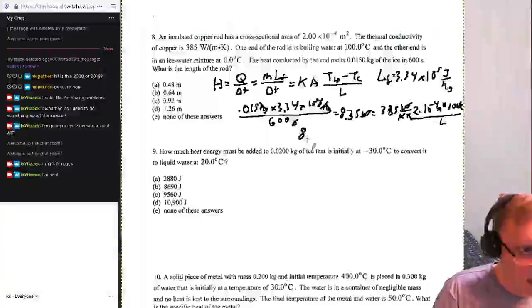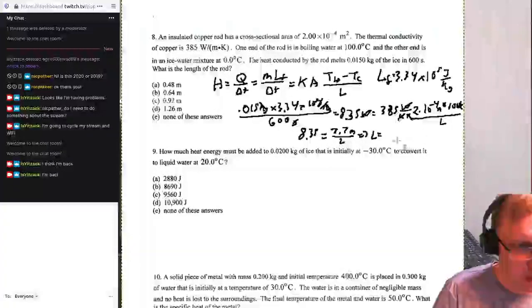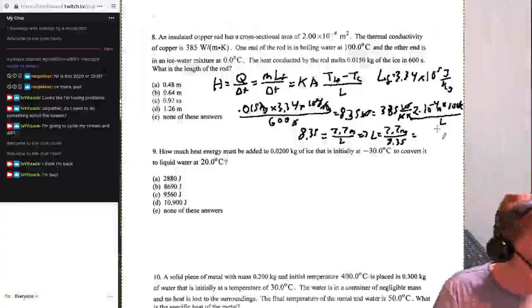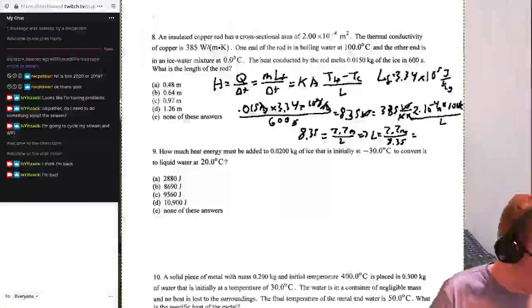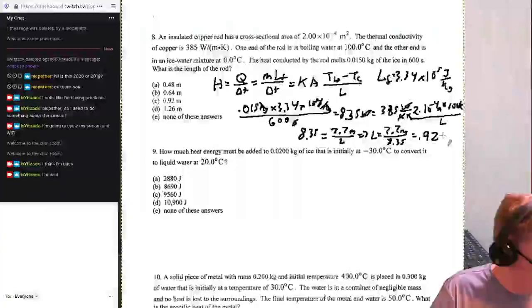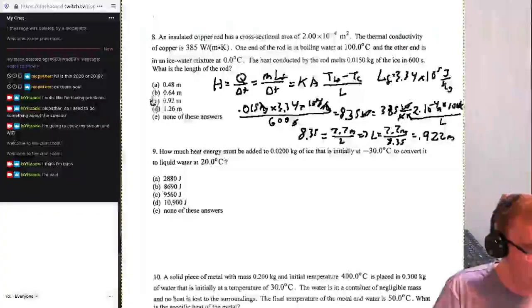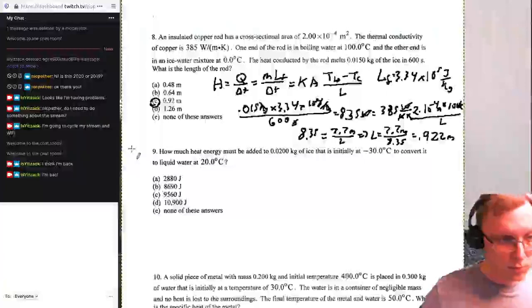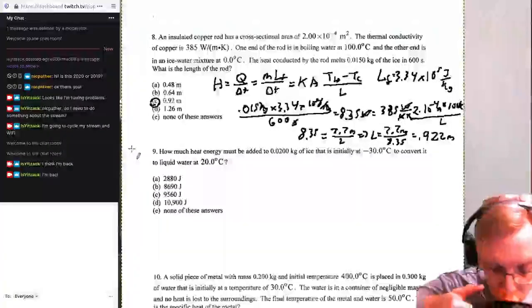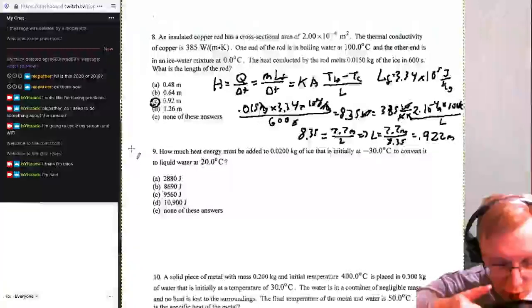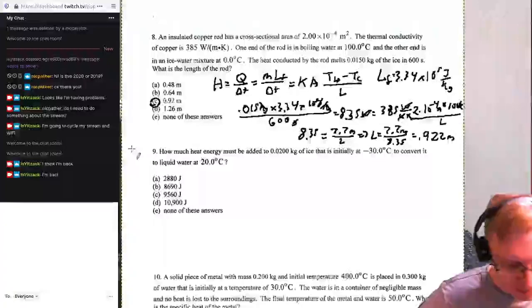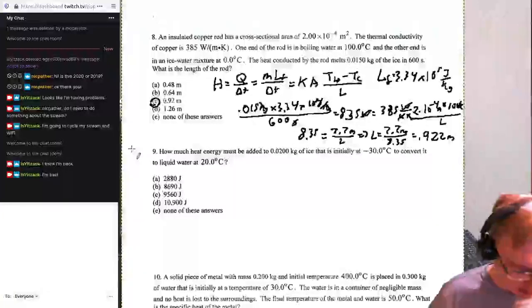So we have that 8.35 is equal to 7.7 meters per L. Therefore, L is equal to 7.7 meters over 8.35, which is 0.922 meters. Oh, so good. Most excellent.